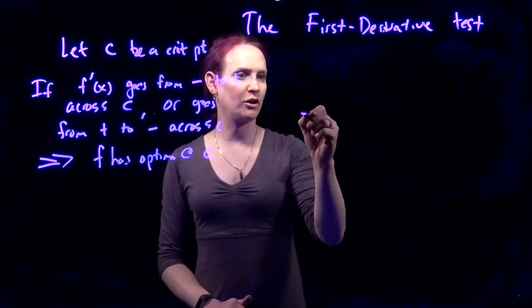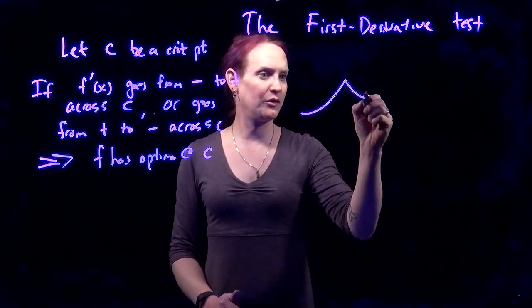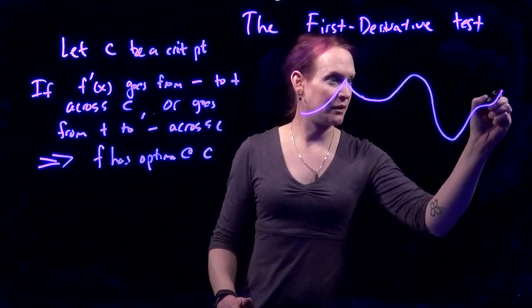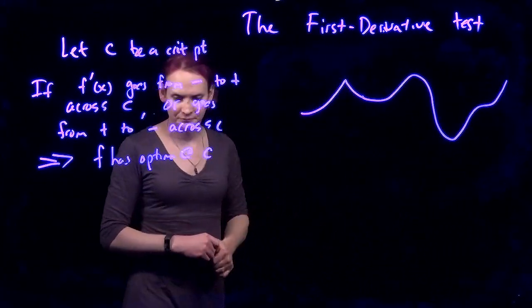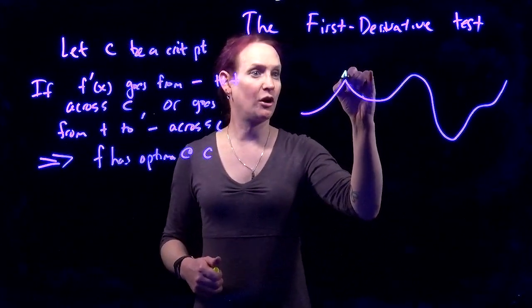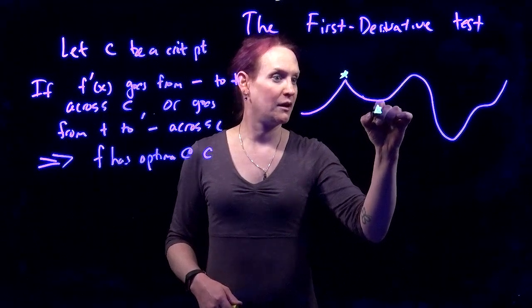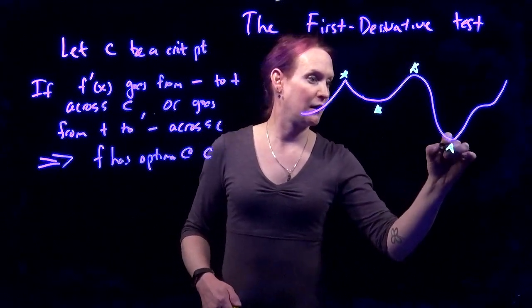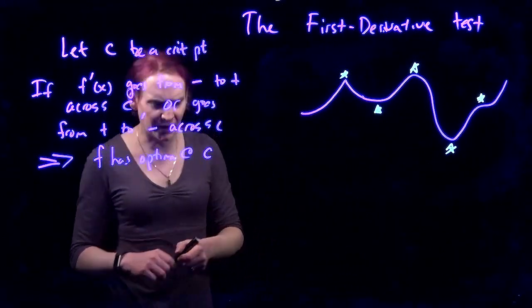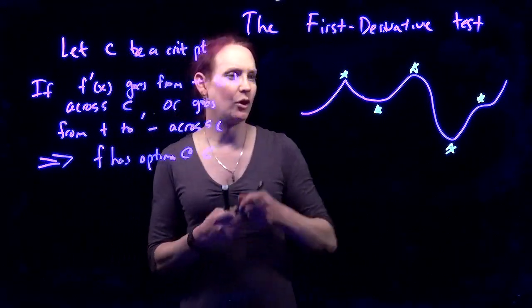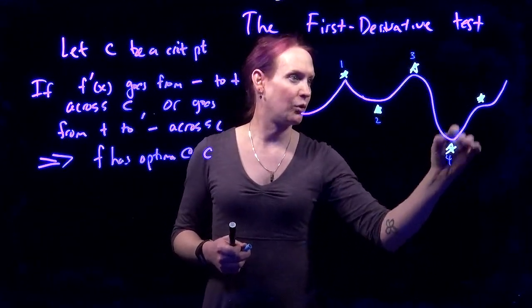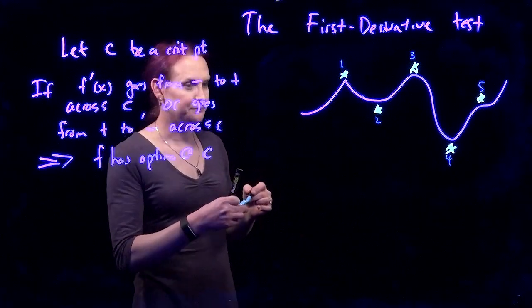So here's a curve. I'm going to put stars at the critical points, and I'll number them 1, 2, 3, 4, and 5.